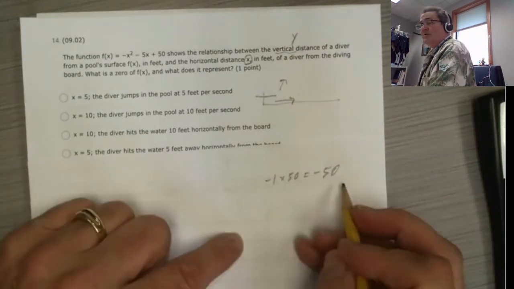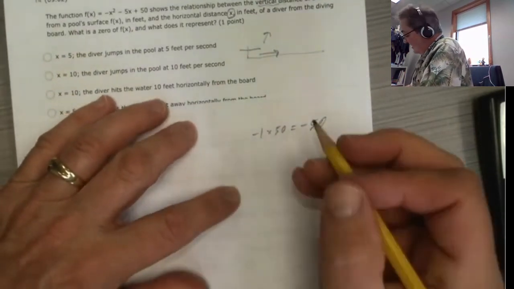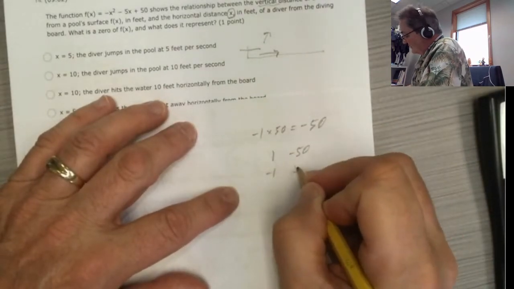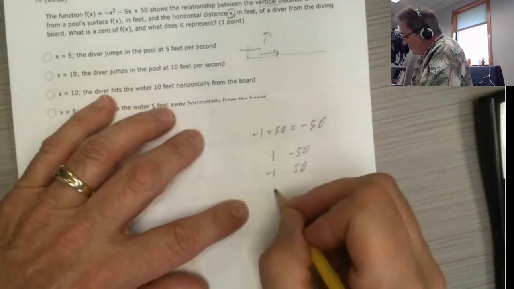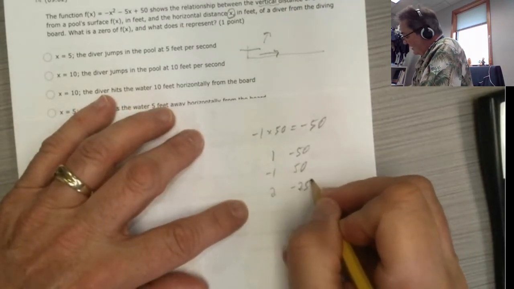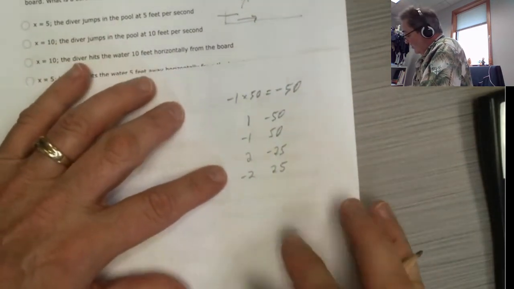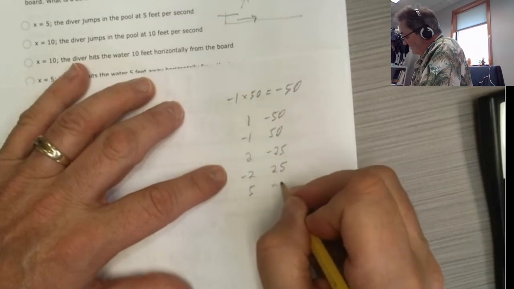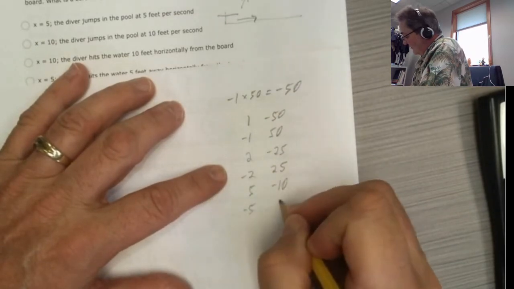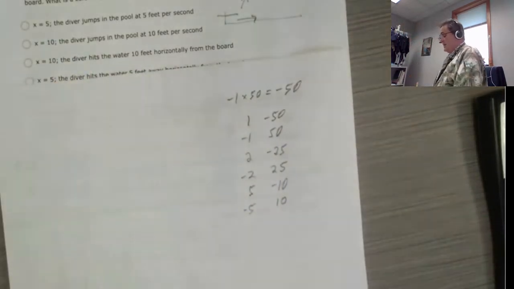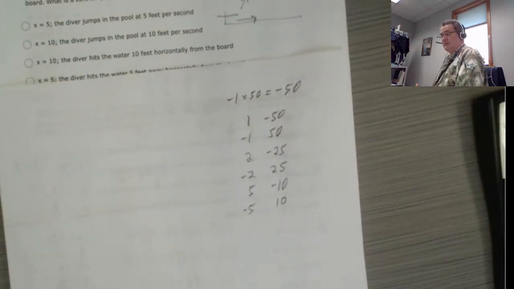We need to find all the different ways we can multiply and get negative 50, which is 1 times negative 50, or negative 1 times 50, or 2 times negative 25, or negative 2 times positive 25, or 5 times negative 10, negative 5 times positive 10. Is there anything else? That's all that comes to mind that we can use whole numbers to multiply and get negative 50.